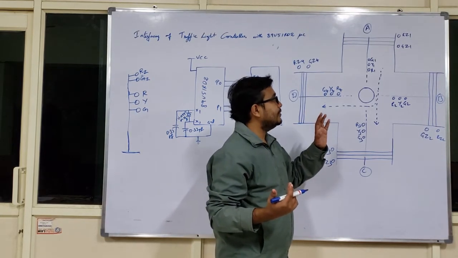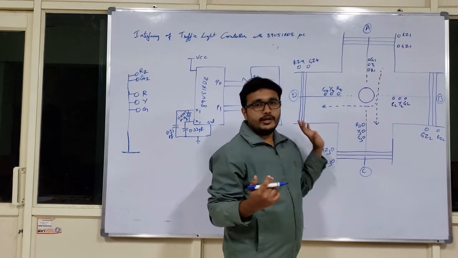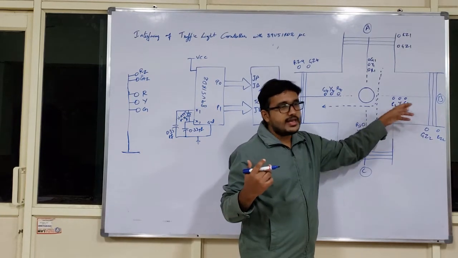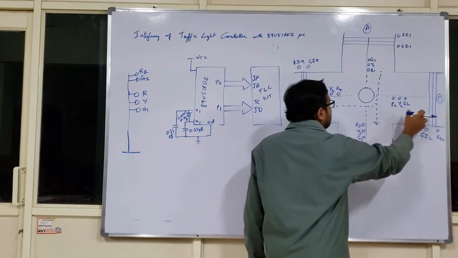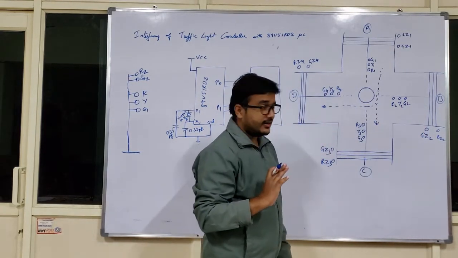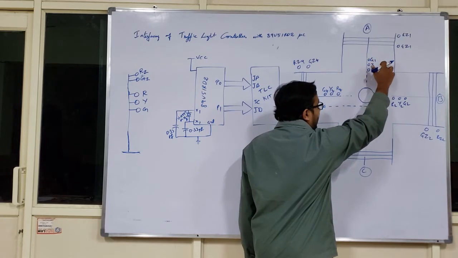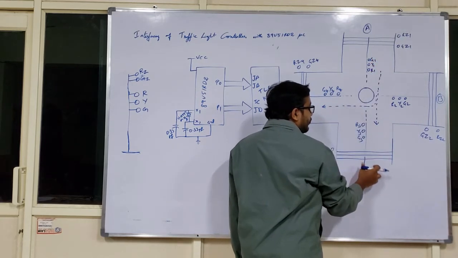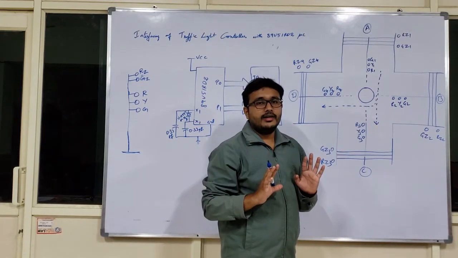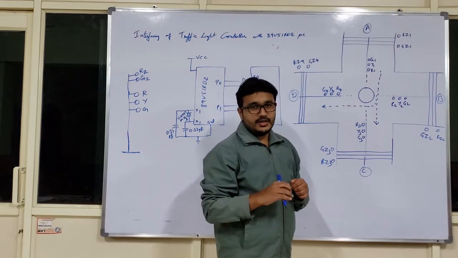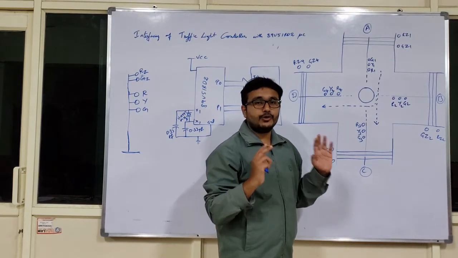For example, if I am coming from the A road and want to take the D road, and at the same time activities are happening on the B road, that is, there is movement of vehicles from B to C as well as from B to D, and suddenly a person like me starts from A road and goes towards the C road, what happens? An accident is definitely going to happen. Okay, there will be a loss of life. So to avoid this kind of scenario, we have to definitely follow the traffic protocols.